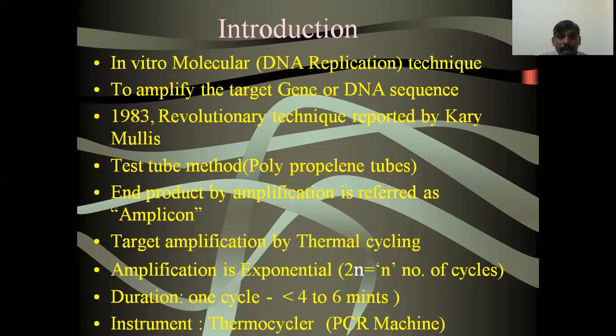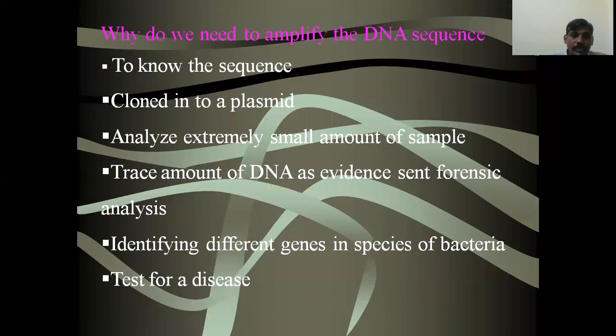This mechanism is done by a machine or instrument named the thermocycler. Normally it is also called a PCR machine. The thermocycler is an automated device pre-programmed by setting the temperature variation, and we get a number of DNA copies.